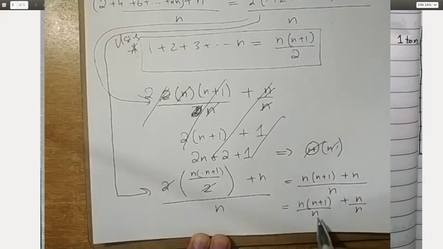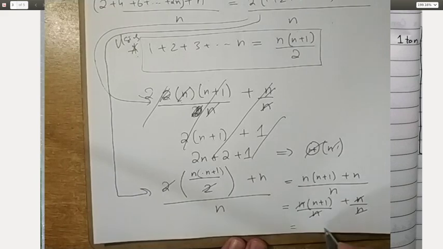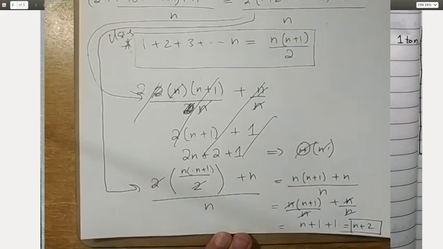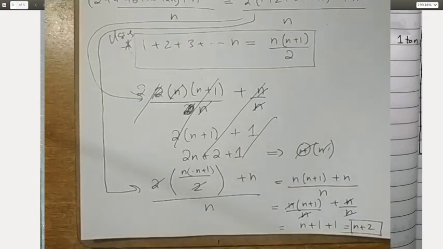Separate these two addition terms like this, cancel out the n's, and you get n plus 1 plus 1, which is n plus 2. Yeah, that's the correct computation.